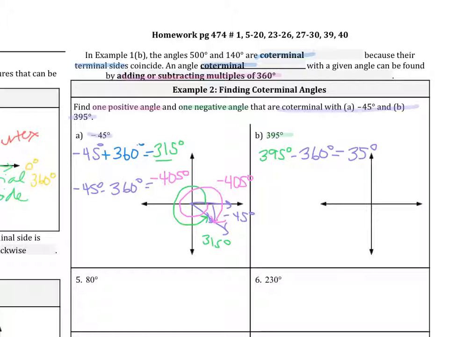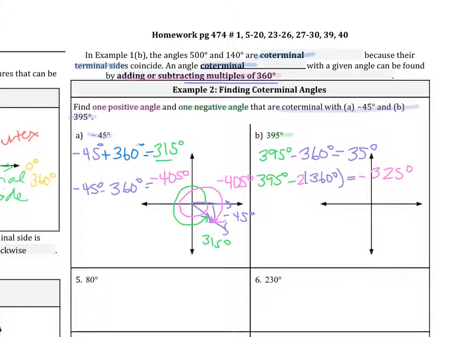To get the negative value, we take 35 degrees and subtract another 360, or another way to think about that is you're taking 395 minus 2 times 360. We're just subtracting it twice. That's why it says subtracting multiples of 360. So that's 395 minus 720, which gives you negative 325 degrees.